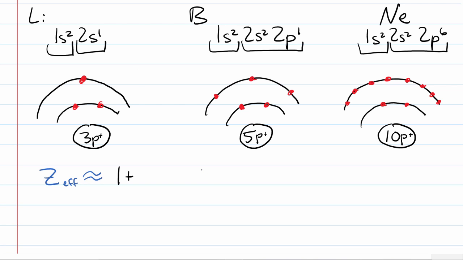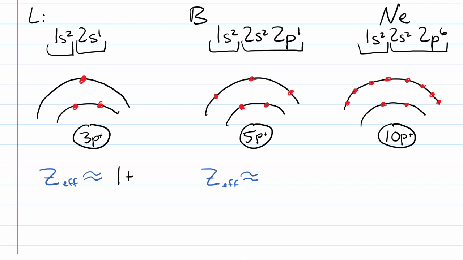The effective nuclear charge of boron. We can pick any one of these valence electrons. A valence electron here is going to be shielded by how many inner level electrons? Shielded by 2. It's still going to be shielded just by 2. So a valence electron here is going to see how many protons? 3.